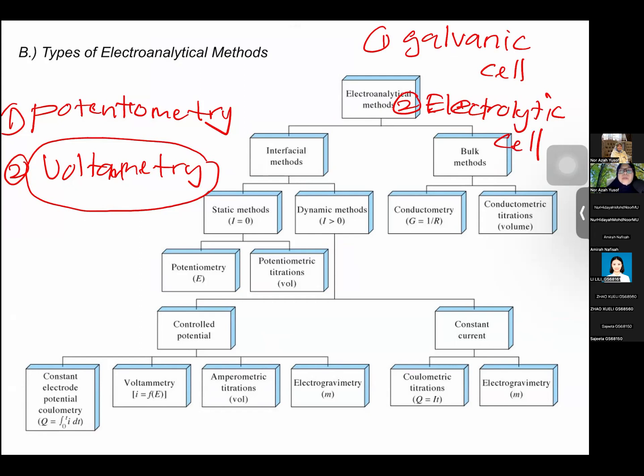So Ahmed, since you have gone through the electrochemical subject before, what's the difference between the galvanic cell and the electrolytic cell?